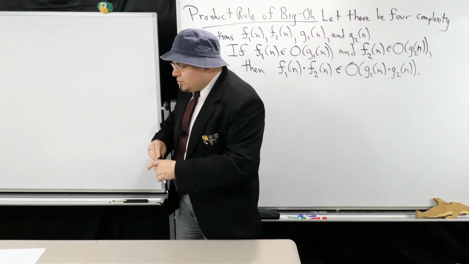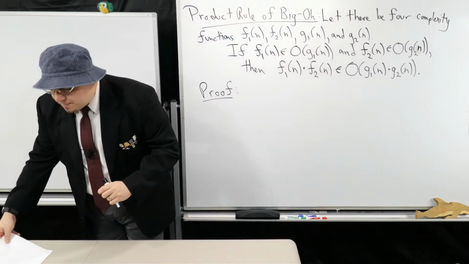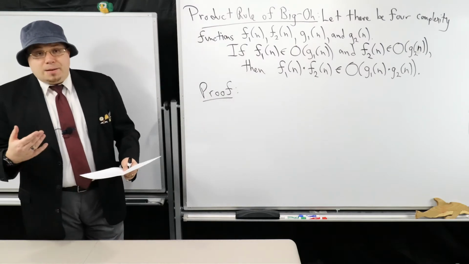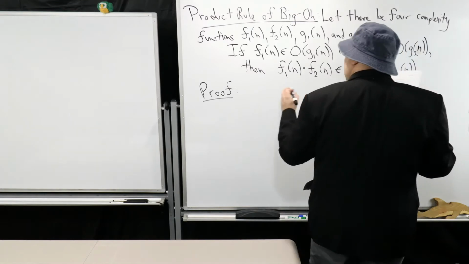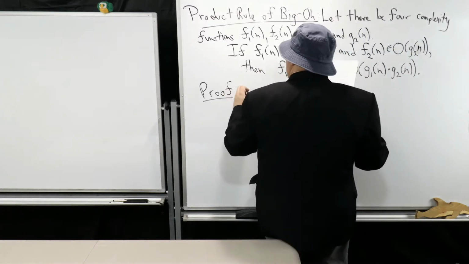What do we usually do when we prove statements like this? I give you a game plan, some rules that I'm going to follow, so that I communicate clearly to the reader what exactly I'm trying to do.